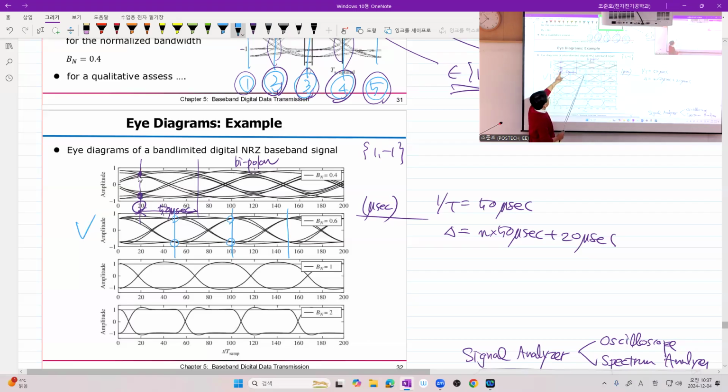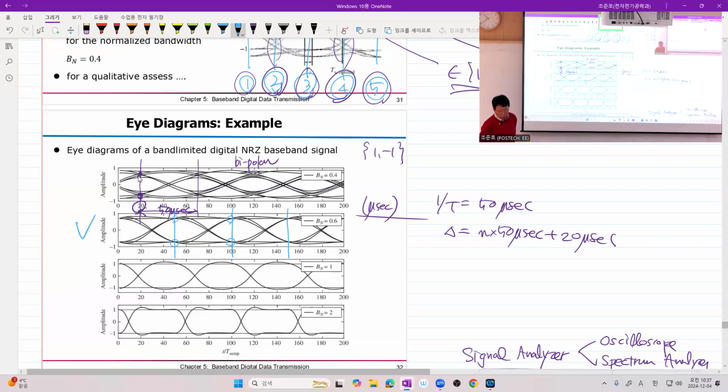So, of course, here in the first figure, you have to define the optimality of your sampling instant. But everybody may agree that this would be a good point. That's what I'm saying. But here, in terms of zero ISI, definitely these time instants are proper sampling instants. Right?